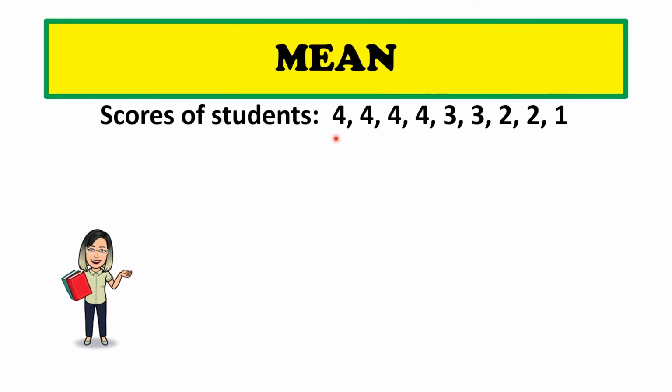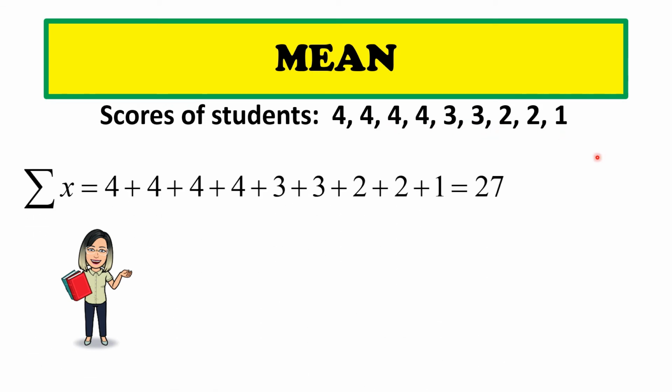Scores of students 4, 4, 4, 4, 3, 3, 2, 2, 1. So we need to find summation of x, and summation of x is 27. What is n? n is 9. We write the formula. The formula is summation of x over n.